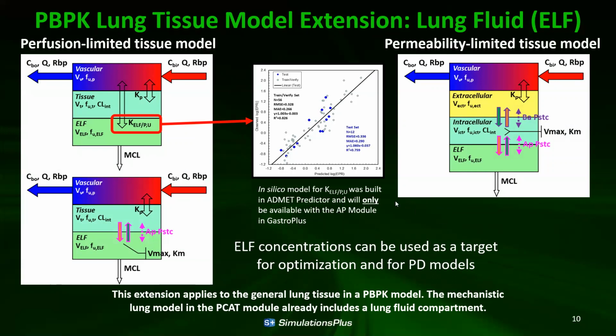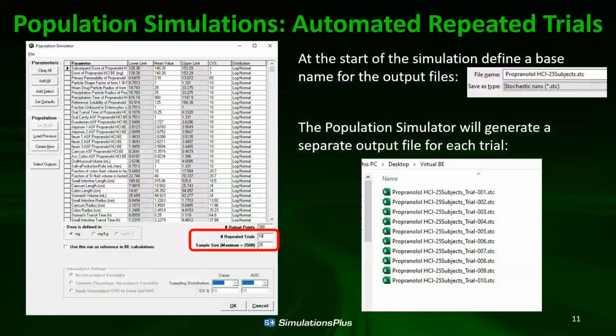Moving on from PBPK to population simulations, I think it's fair to say that there have been a lot of enhancements to the population simulation functionality and virtual BE trials within GastroPlus version 9.8. You can now run automated execution of repeated trials, I believe up to 100 of the same population simulation.